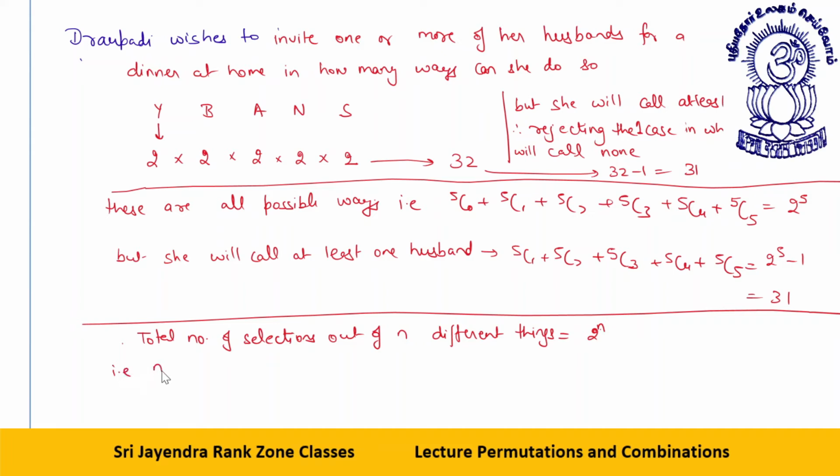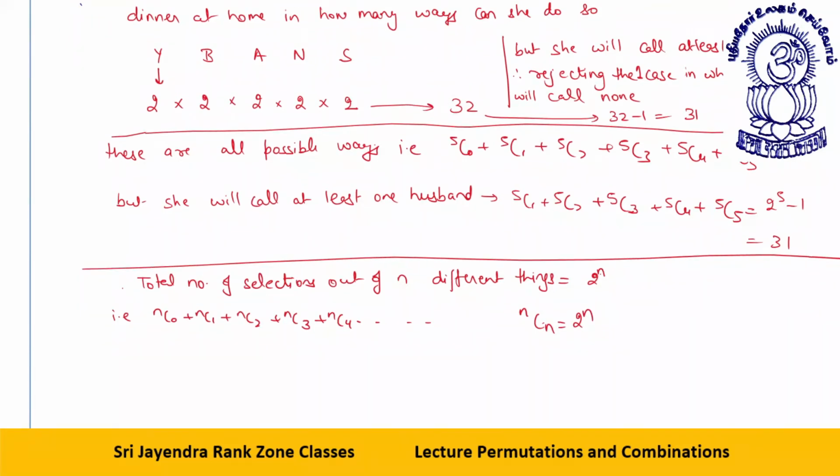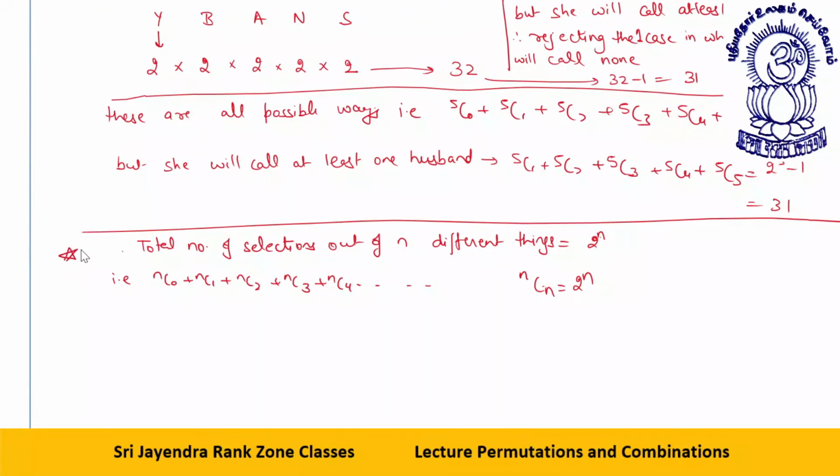That is nC0 plus nC1 plus nC2 plus nC3 plus nC4 and so on up to nCn. That is 2 raised to power n. This is one case.